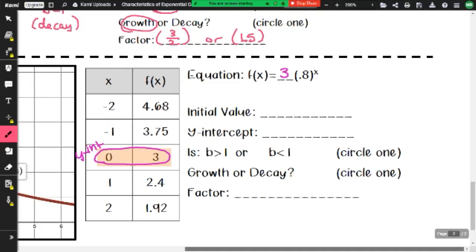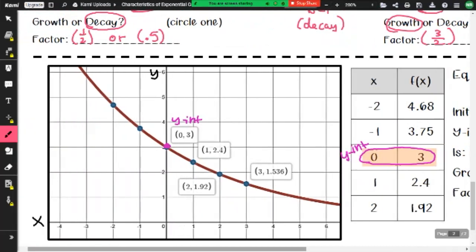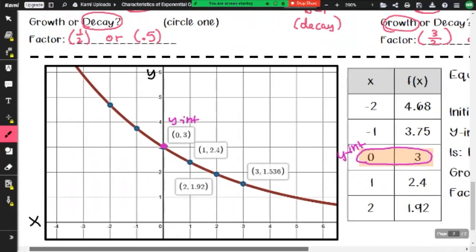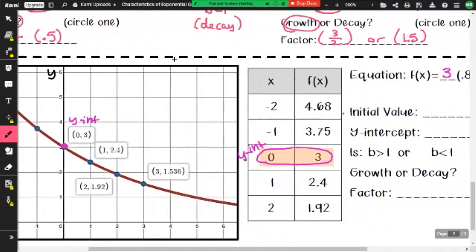And if you look at the graph, it's already labeled for you, y-intercept right here. It is already labeled. So that one was an easy peasy point. All right. So our initial value is going to be 3, but the y-intercept as a point, as an ordered pair, is 0, 3.